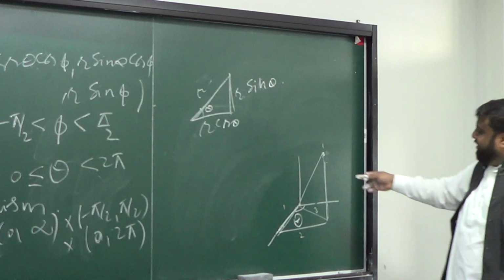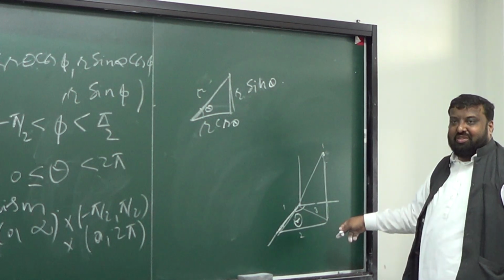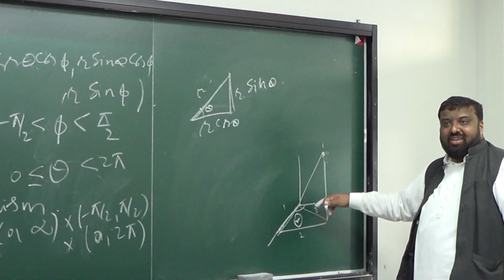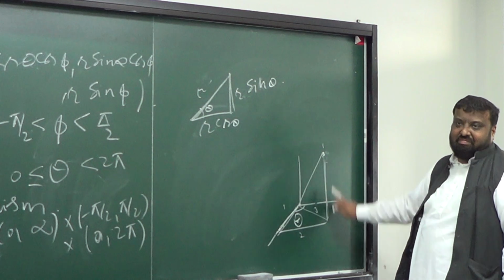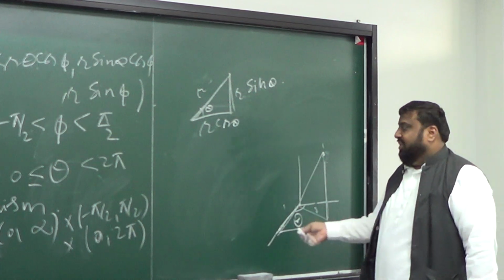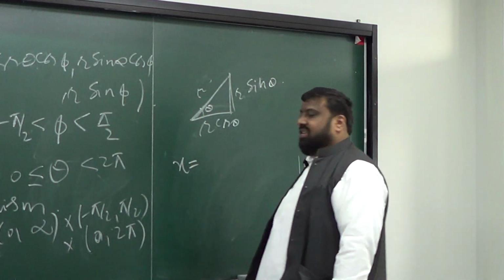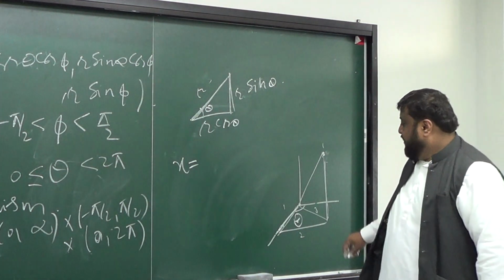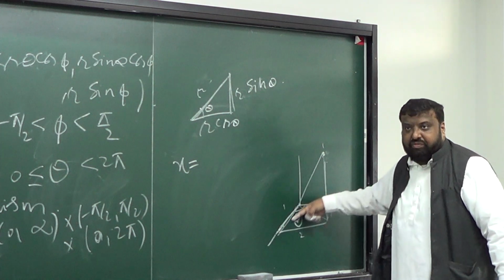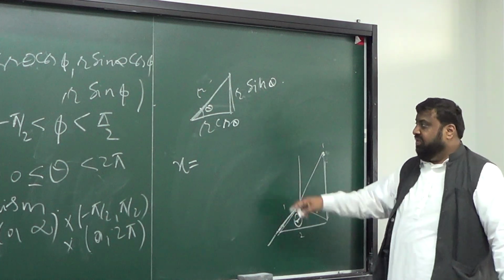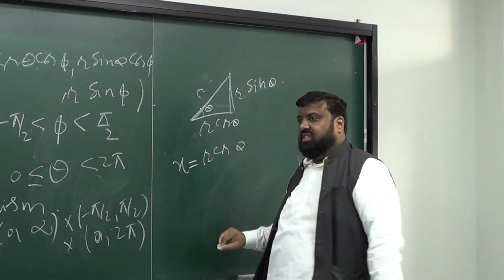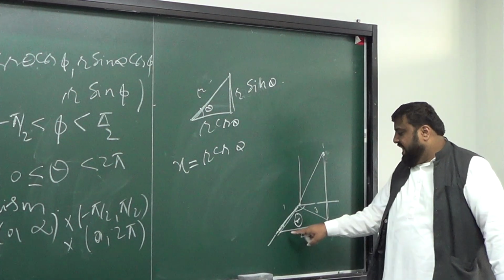Because we really don't need to consider this, since we don't have an angle here. We're just saying that this height is z. So what is x now? If you compare this picture with this picture, x is really the base of this triangle. And what is the base of the triangle? It's r cos theta.